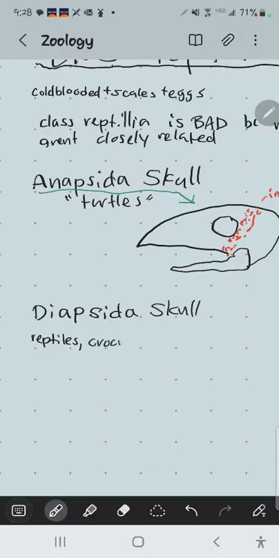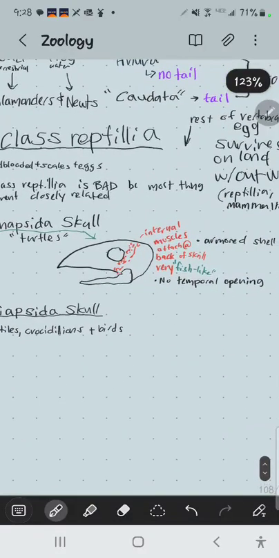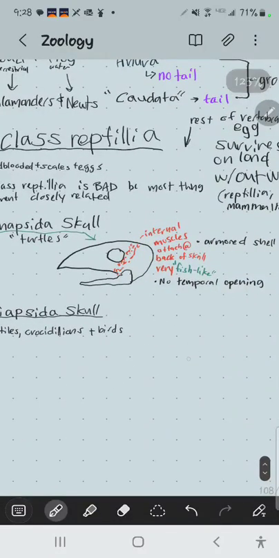Okay, and how this skull looks is something like this. Here's maybe a reptile example here. Superficially it looks kind of the same. There's our jaw. Here's our eye opening.